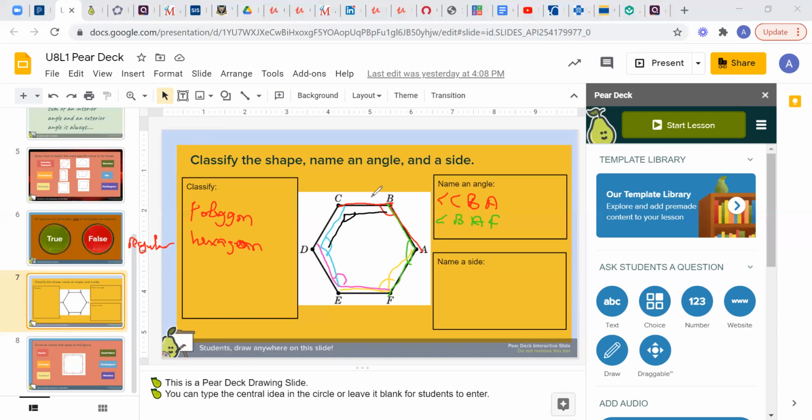Naming of sides. Lisbeth, can you name a side here? Okay, BA. She said BA. Sarah, can you name a side? DC. Sue, can you name a side?